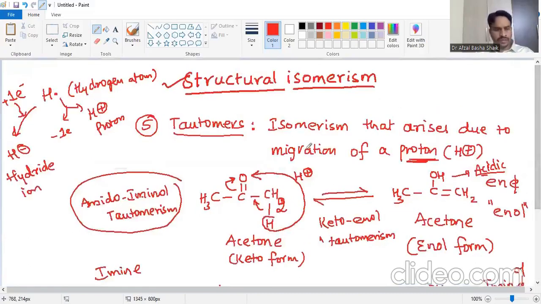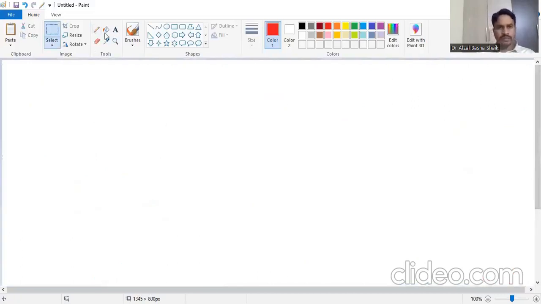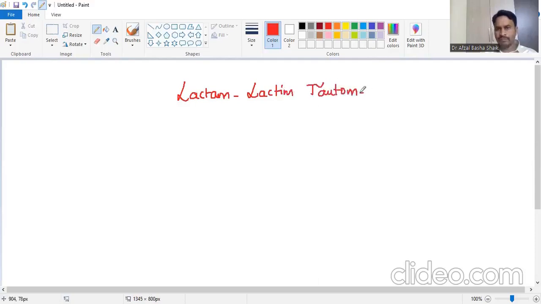I'll remove this. The next type of subcategory of tautomerism is lactam-lactim tautomerism.